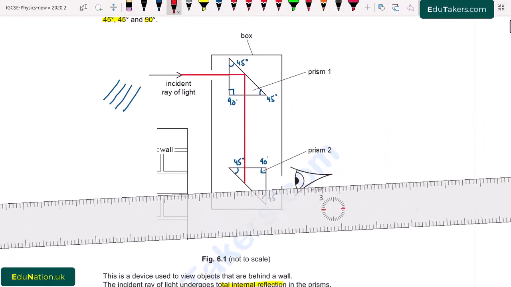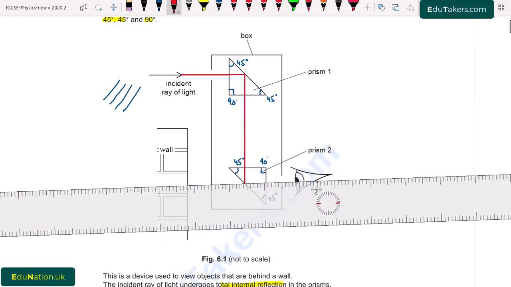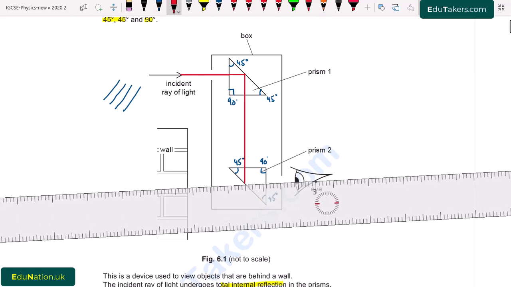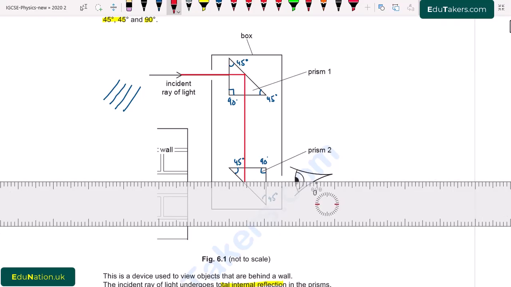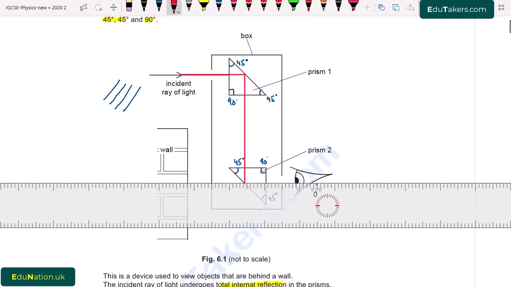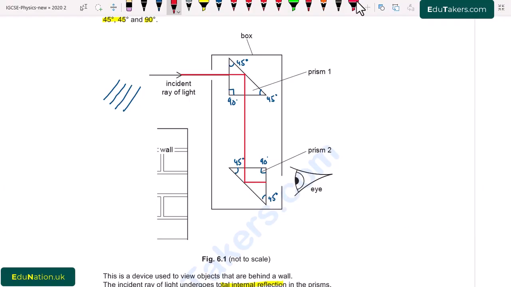Then I also join it with the other side. So this is the path of the light ray, and you have to make sure that this is a straight line and hits the prism 2 at angle 90.